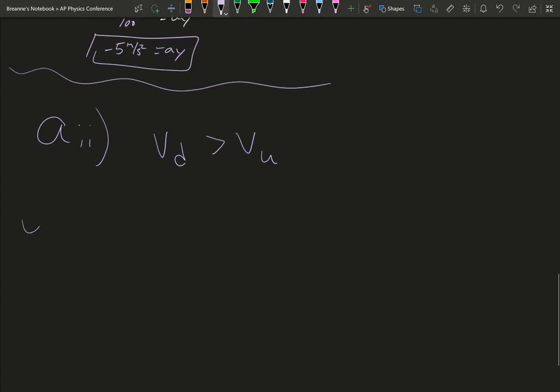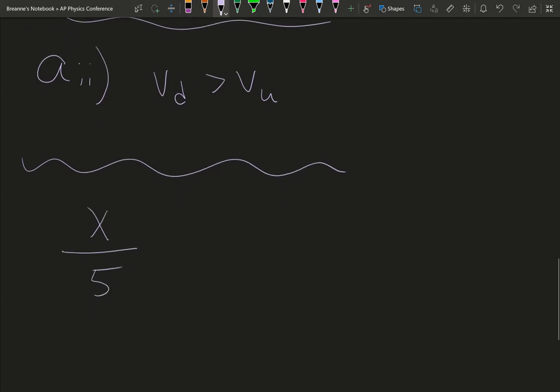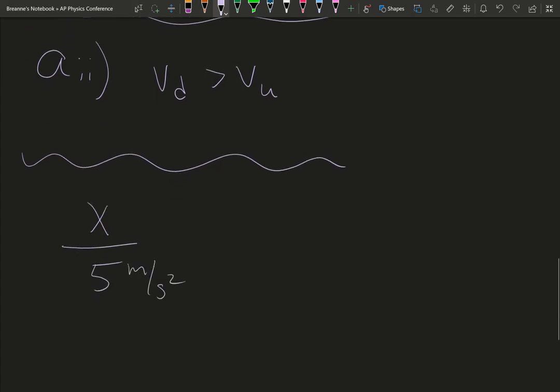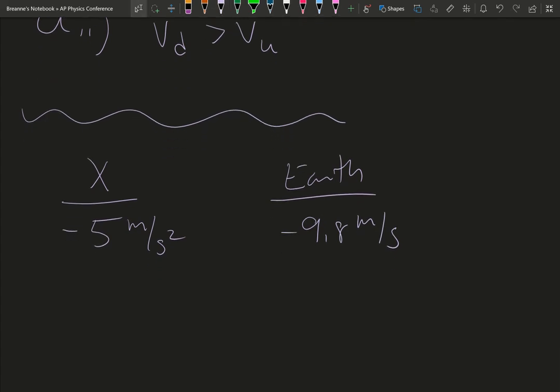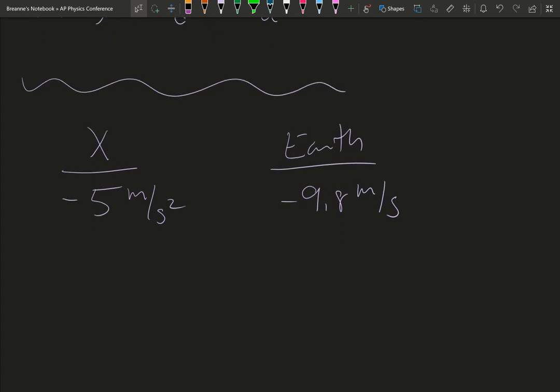So the biggest thing here is that planet X has an acceleration of 5. Earth has an acceleration of 9.8. And again, yes, they're both negative because they're both being pulled down. Earth has a higher acceleration. So I'm going to put it in bullet points, but you needed to put it in a paragraph to get full points.